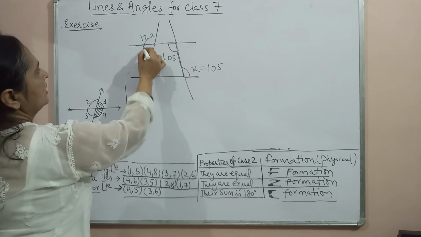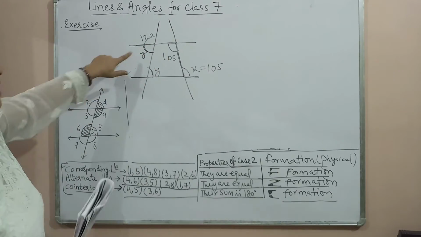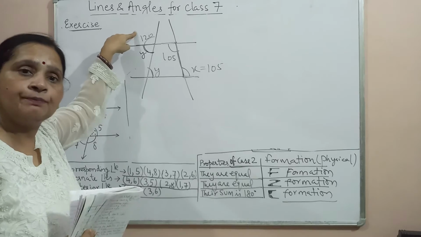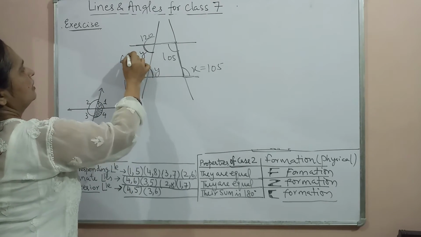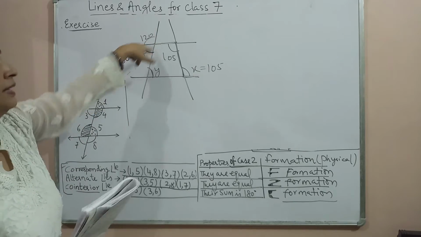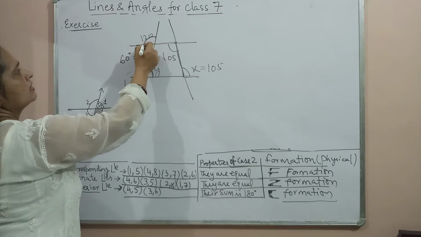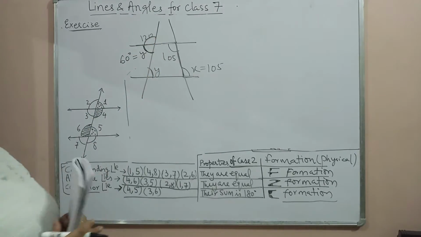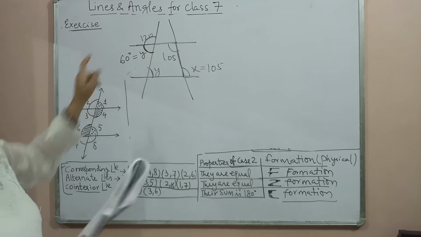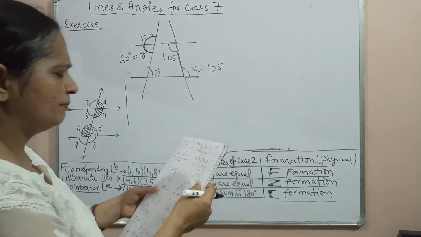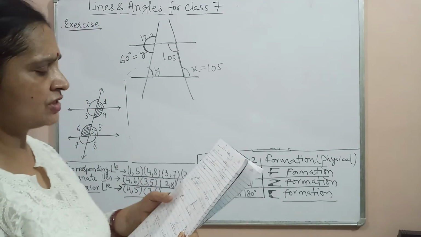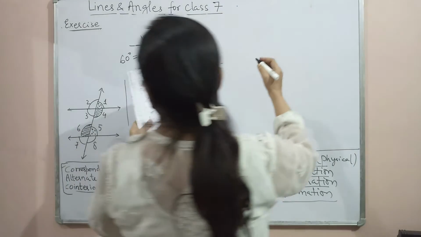If this is Y, then this will also be Y, and then Y plus 120 can help you to find out the value of Y. That means this will be 60 degrees because of linear pair. Alright, this angle plus this angle will be 180, which becomes 60 degrees. So I am not going to write down the answer, but I am just giving you a hint which can help you to solve the sums.